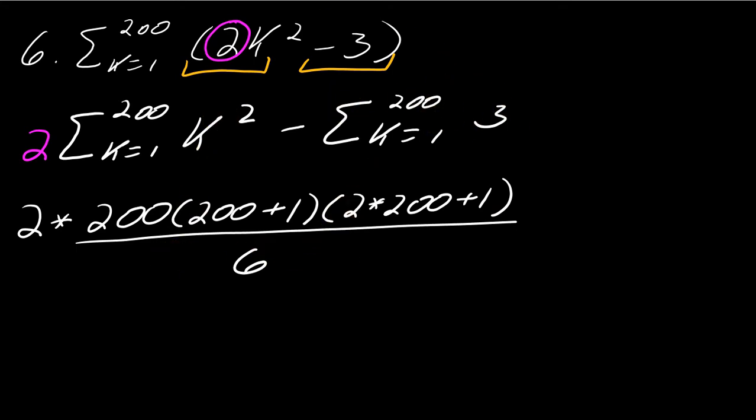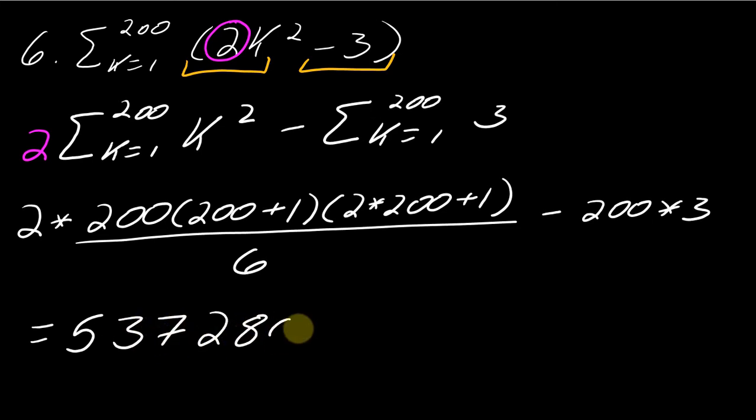And then for this second part, this will be minus 200 times 3. So there's all the work that's going to go into that. And when I compute all of this out, I get a pretty big number here. So let's see, that comes up to 5,372,800.